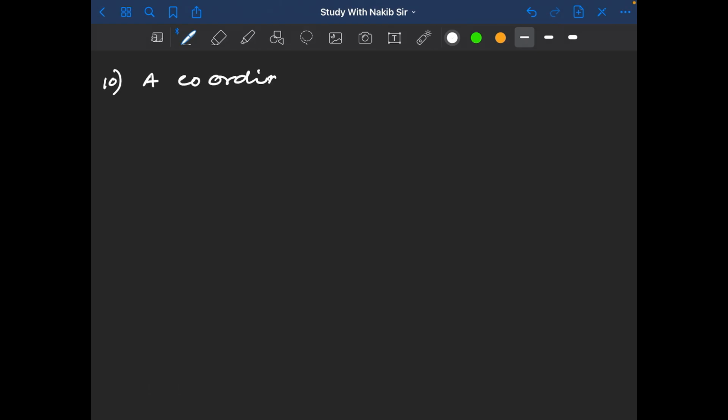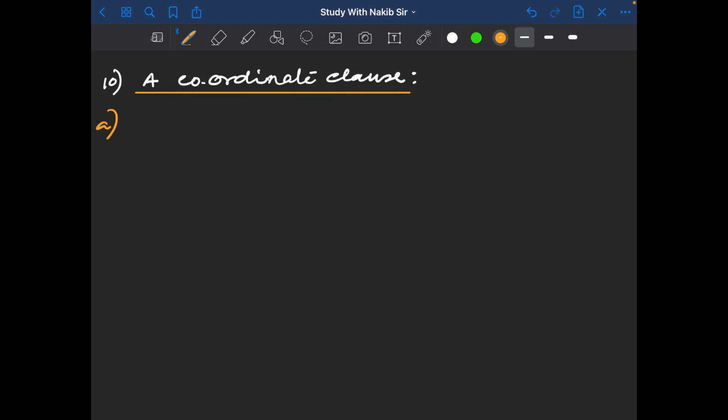Okay, now in a sentence, if you get a coordinate clause, for that coordinate clause a separate sentence can be made. Okay, a coordinate clause. See the example.